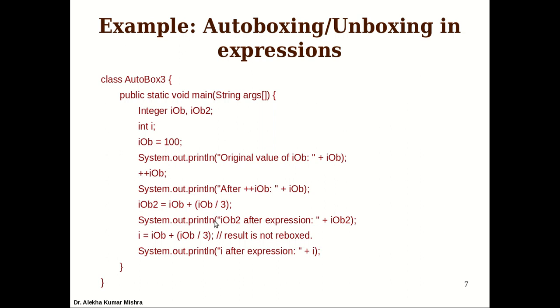When you want to add two objects or do some operation on these wrapper objects using the standard operators, autoboxing and unboxing happens. You see that iOb plus iOb divided by 3. Since 3 is a primitive type, first iOb is transformed into a primitive type, then the operation is performed. Likewise, all the iObs are unboxed to the primitive type, then the operation is performed.